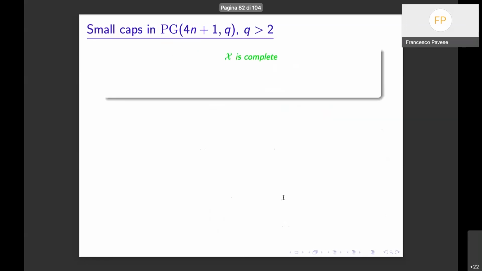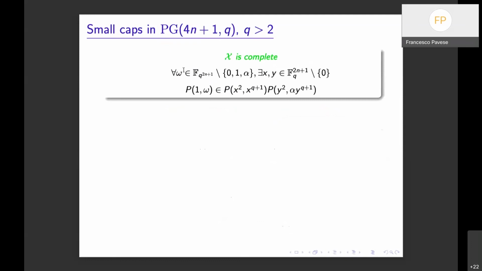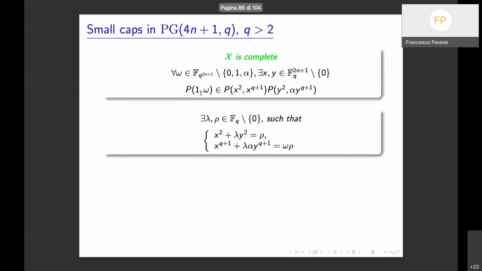In order to see the completeness, we can use the partition of the points of the projective space and the group. This allows us to take a point outside of this type, V omega, and see that there are 2 points, a point of V1 and a point of V alpha, such that the chosen point is collinear with them.